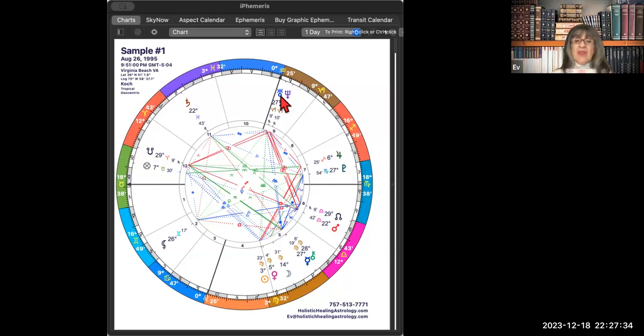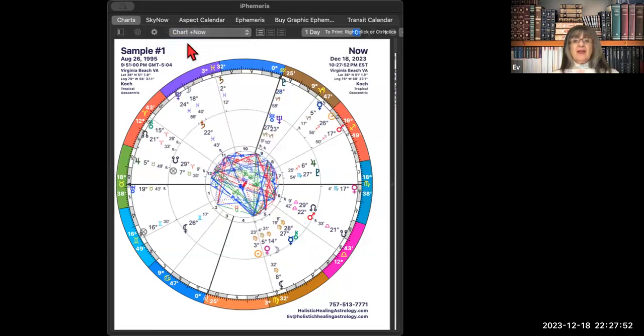All right. Now here's another trick. Once you get really fancy, this is what astrologers do. We're going to look at sample chart number 1, and we're going to compare it to the sky right now. All the transits. Boom. Look at this.